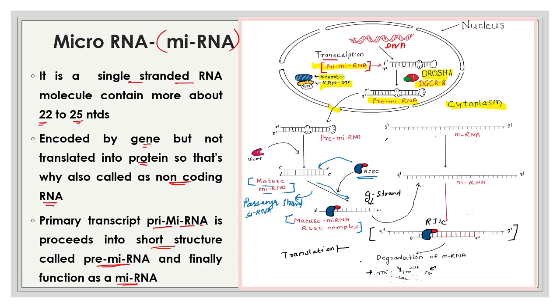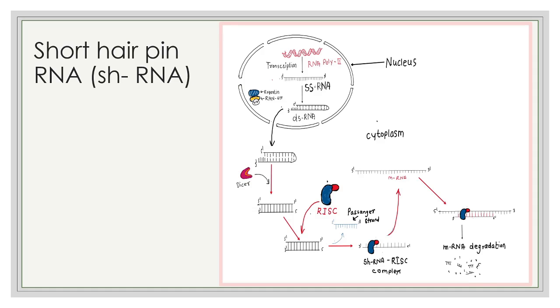Now coming to the next RNA interference technology, that is short hairpin RNA. Short hairpin RNA technology is similar to the siRNA technology, but there is a small difference. In the hairpin model, it forms a small hairpin loop. That's why the name is hairpin RNA.